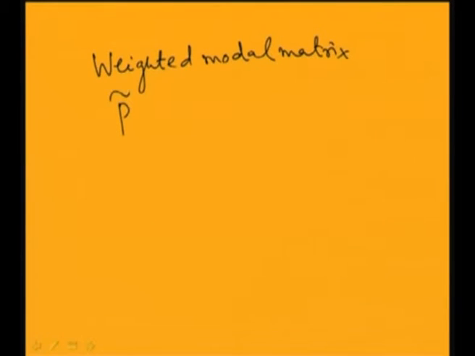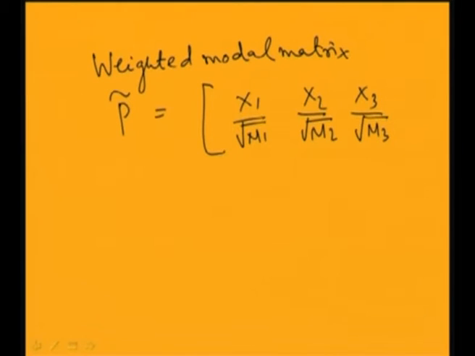So the weighted modal matrix is written like this: it is equal to x1 by root over M1, x2 by root over M2, and x3 by root over M3. By dividing each column by the square root of its generalized mass, the ith generalized mass in the ith column, one can obtain this weighted modal matrix.